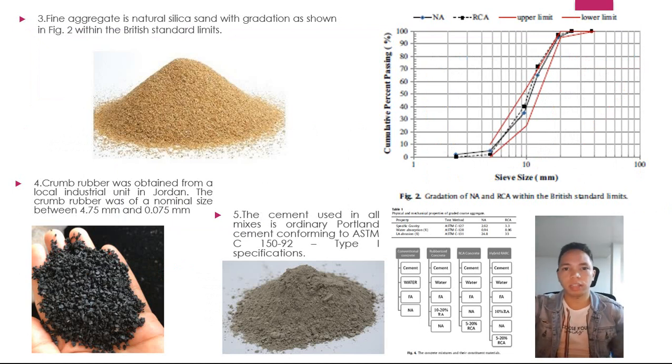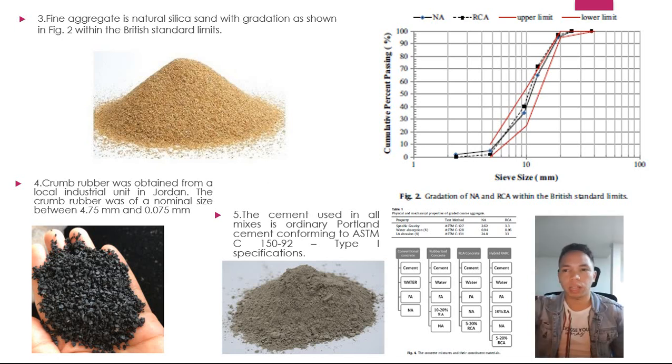The fine aggregate is natural silica sand with gradation as shown in figure 2. 4. The rubber crumb was obtained from a local industrial unit in Jordan. This rubber crumb was nominal in size between 4.75 mm and 0.075 mm.